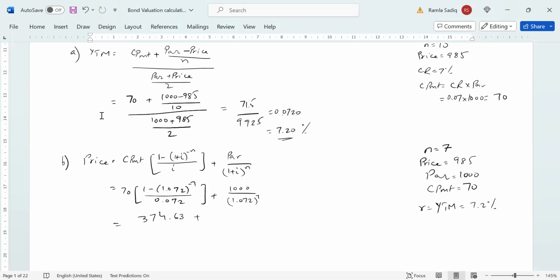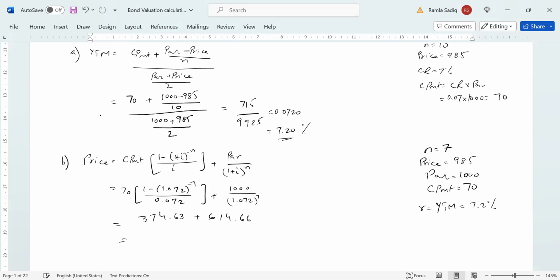And then on the other hand, we want to see the contribution of the par value. So 1.072 to the power of 7. And we want to take 1,000 divided by that answer. And so we get 614.66.